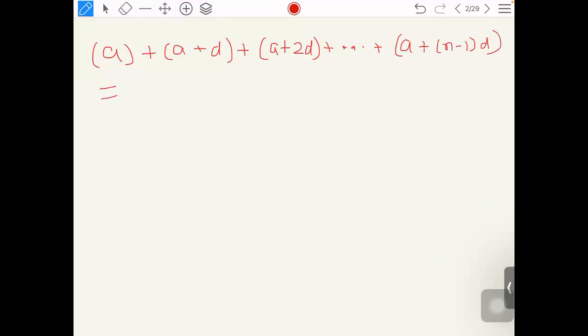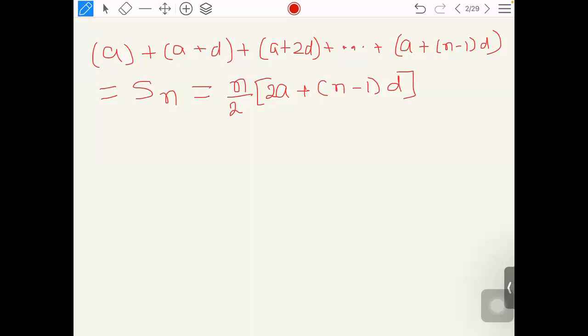This is also denoted by Sn, and this Sn is equal to number of terms by 2, that is n by 2, times 2a, meaning twice the first term, plus n minus 1 times d. Sn equals n by 2 into 2a plus n minus 1 d.